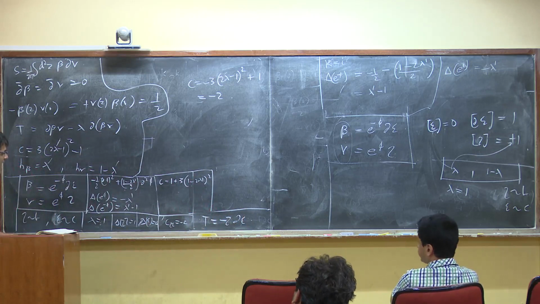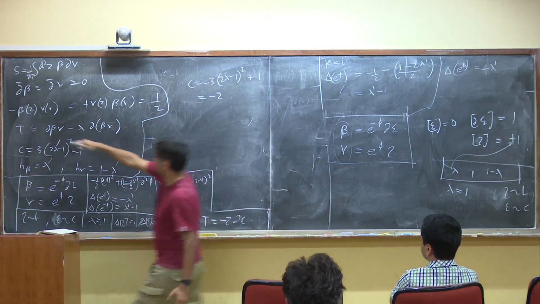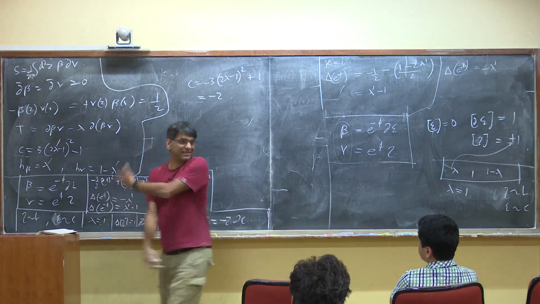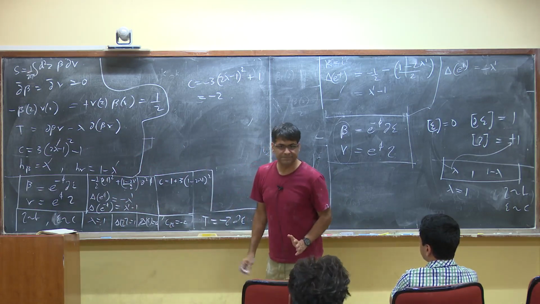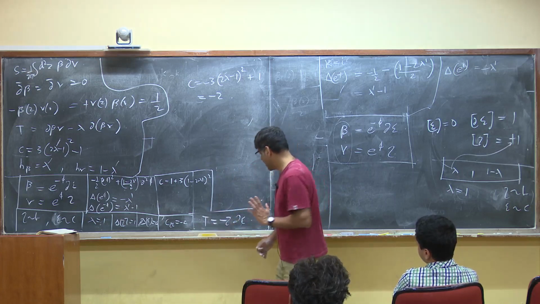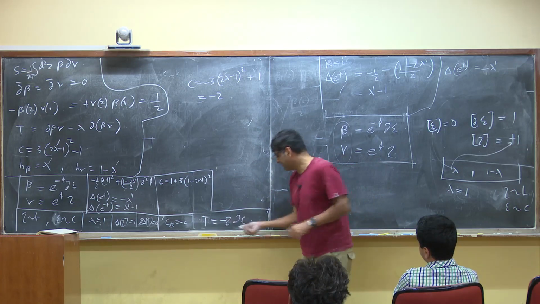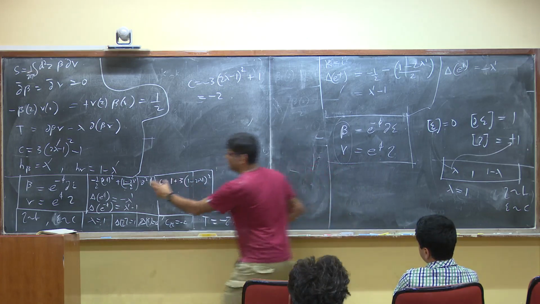Okay, I'll just leave that as an exercise. Try this. Take these expressions, construct the stress tensor by writing normal ordered fields, and check that you recover the expression which is this plus this.